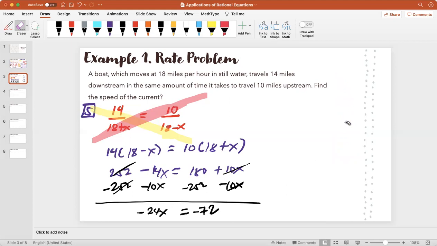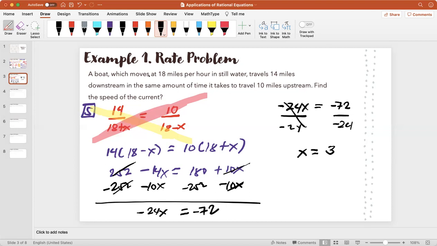Solving for x, we divide both sides by negative 24. So with negative 24, x equals negative 72 over negative 24. Cancel this. So what's your x? 3. What's the unit? We are talking about the speed. So what's the unit for speed?